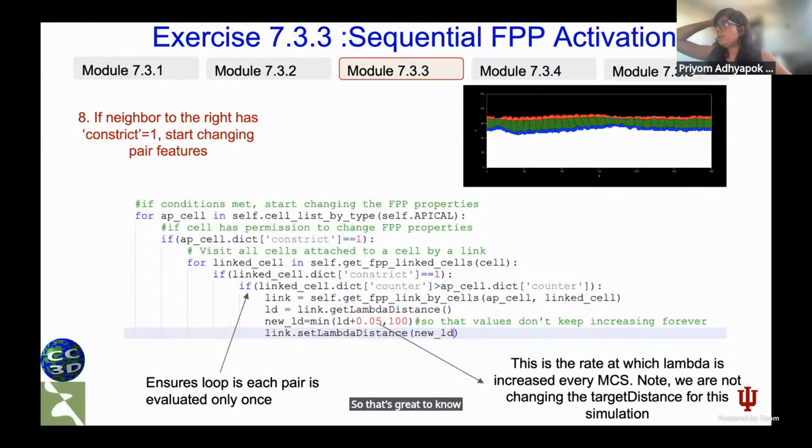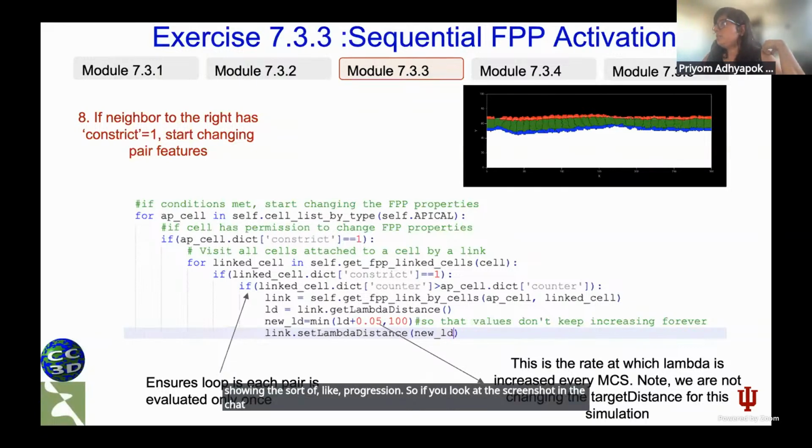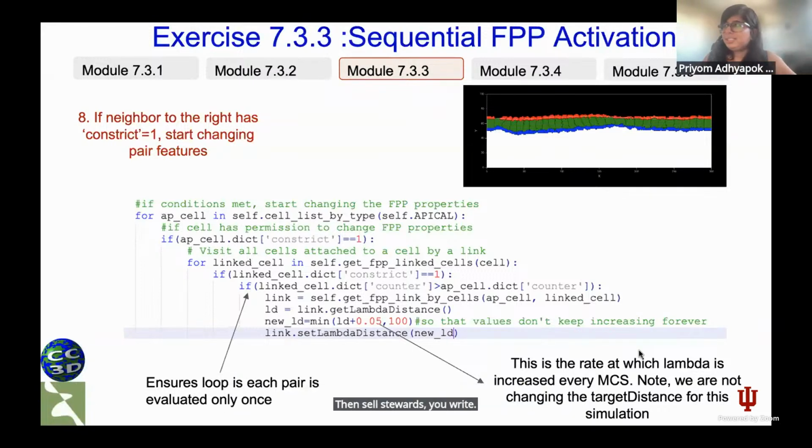Aritra has a simulation that's basically showing the progression. So if you look at the screenshot in the chat, you should be able to see that cells towards the left look like they're closer than cells towards the right. And so this is the way. Oh, thank you, Raghu.